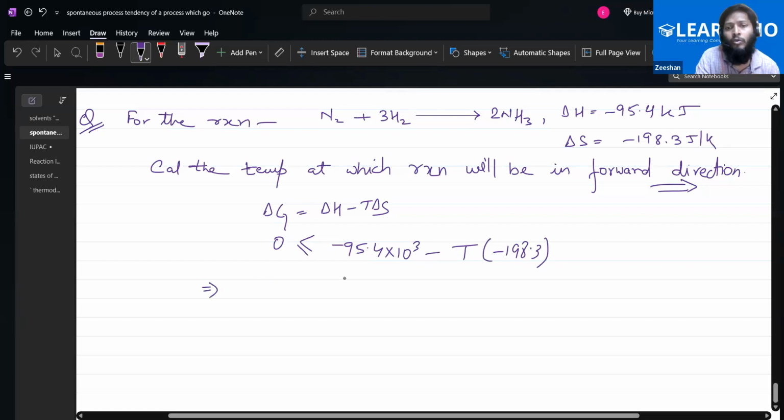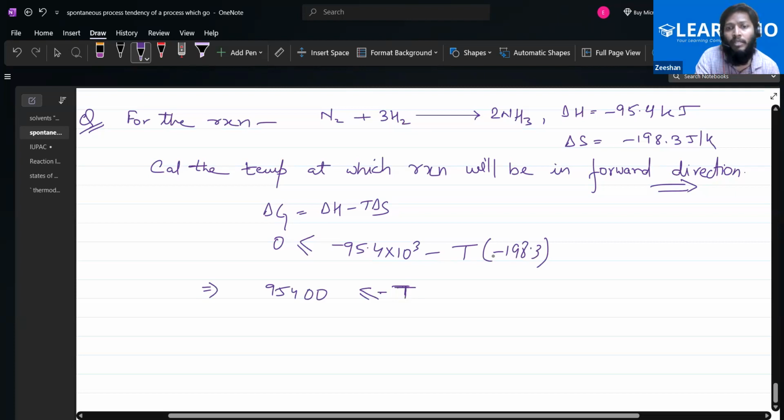So we will solve this: 95.4 equals T times 198.3.